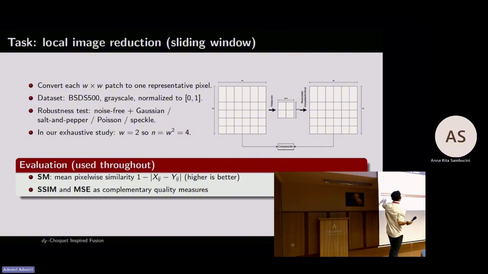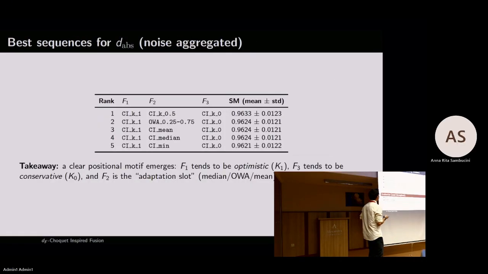And for the evaluation, we use a similarity measure, a pixel-wise similarity. The main idea of this application is we take the image, we reduce it, then we rescale to the original shape with a linear interpolation, and we compare these two images with the similarity measure to analyze the performance of the F sequence.